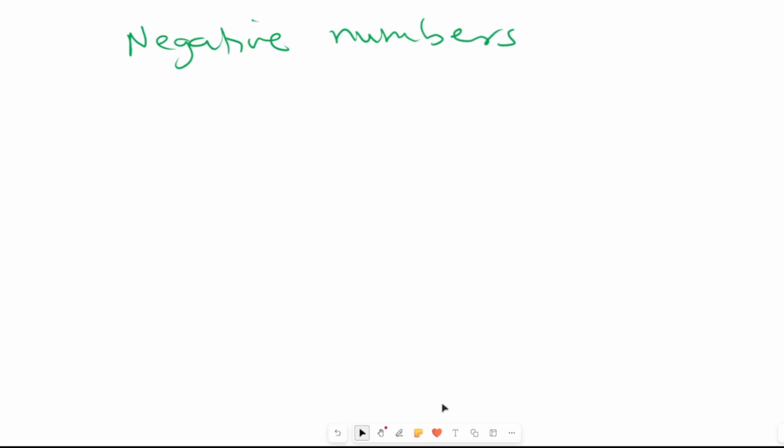So we talked about negative numbers when we were having an overview of all the numbers we would encounter in mathematics. So real numbers, and then under real numbers, rational numbers and irrational numbers. Under rational numbers, we talked about integers. And whenever we mention integers in maths, the thing that often comes to mind is the number line. Okay.